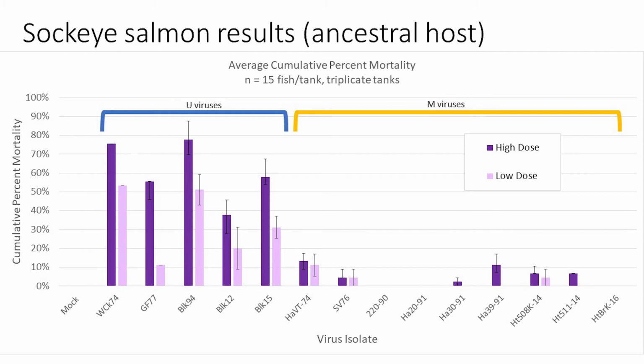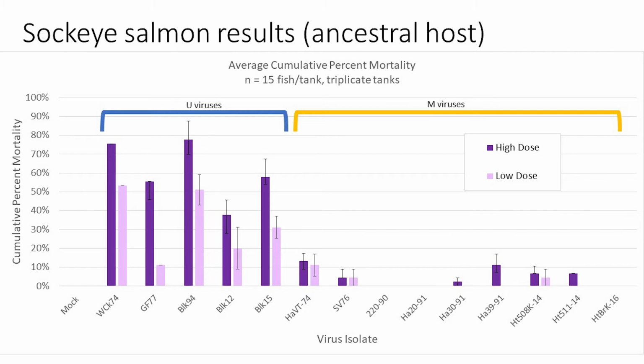That's on the y-axis, and on the x-axis, we have all the different isolates that we tested. They are ordered first by whether they fell into the U group or the M group, and then within these large genogroups, they're ordered by the year of isolation, so old to new within their genogroup.